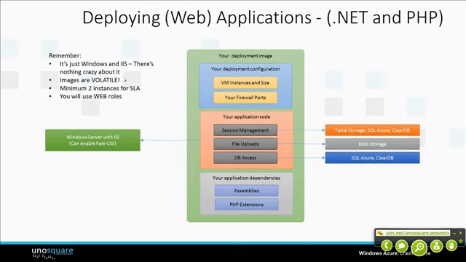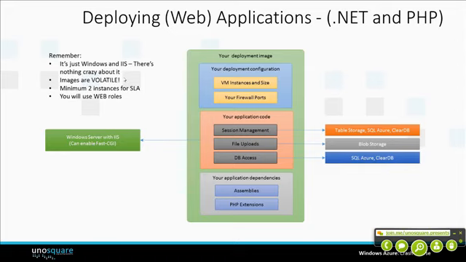And for .NET and PHP applications, you will use web roles, and the reason is that web roles are the same as saying we're going to be using IIS. Java has its own application server, which in some cases is Apache with Tomcat.